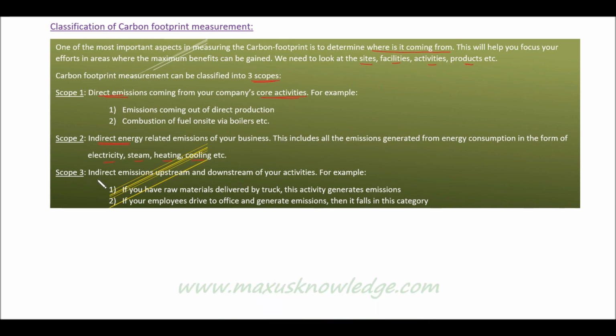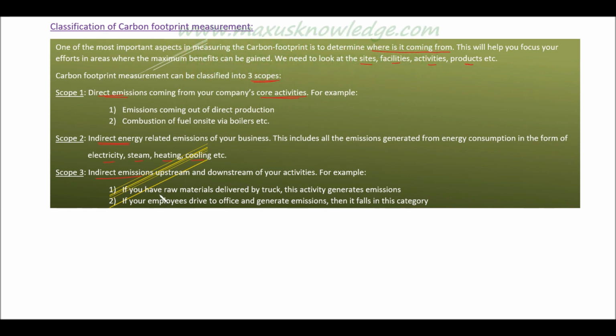Now scope 3. These are also indirect emissions, but these are upstream or downstream of your activities. Scope 2 was basically directly in your production facility, where you are using, let's say, electricity or heating, cooling, etc. Now these scope 3 are the upstream and downstream activities.